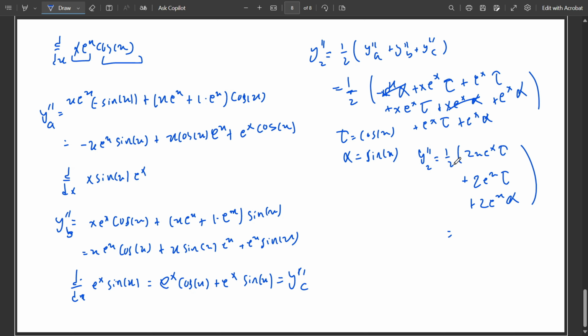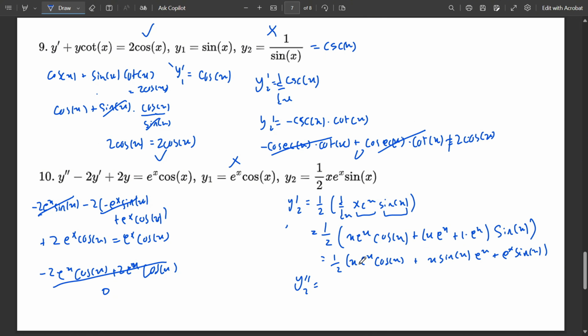We can distribute the half. We have x e to the x cosine of x plus e to the x cosine of x plus e to the x sine of x. Nice. This is our y double prime 2.